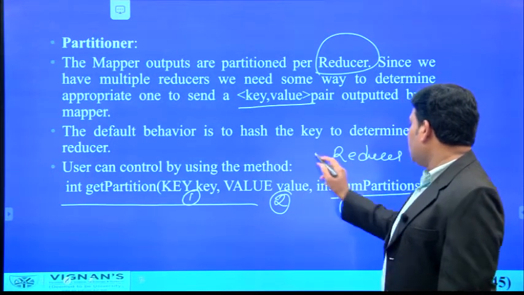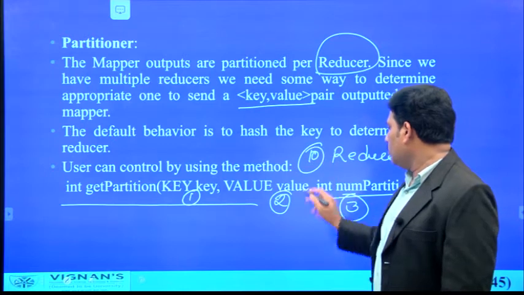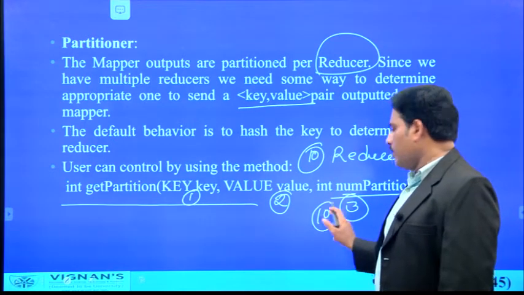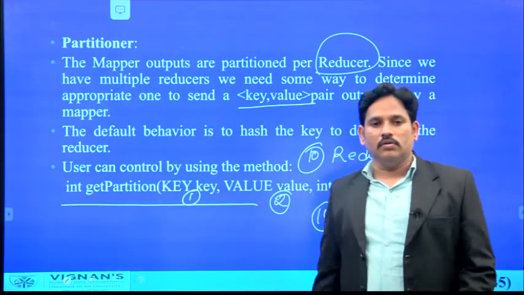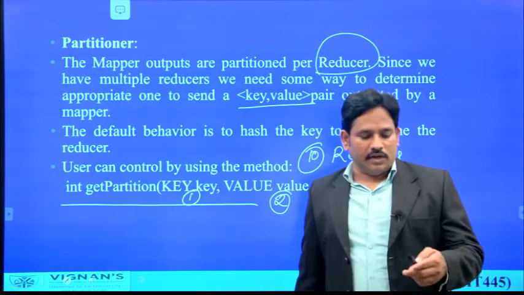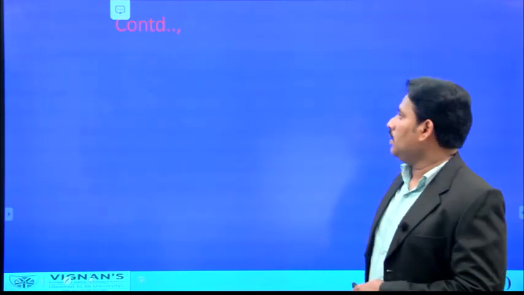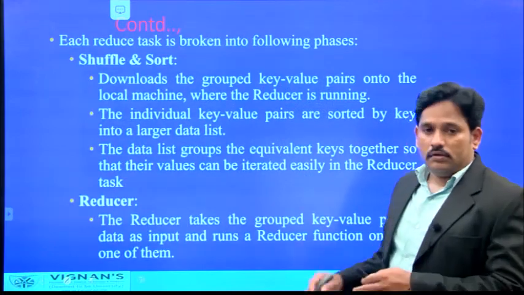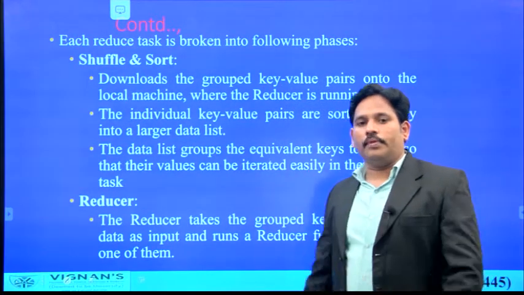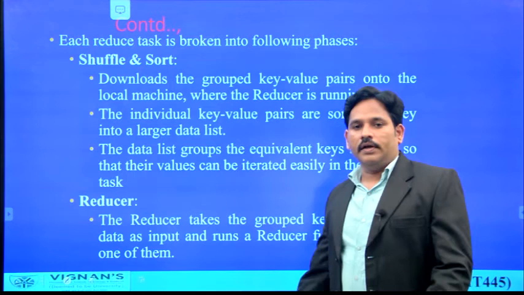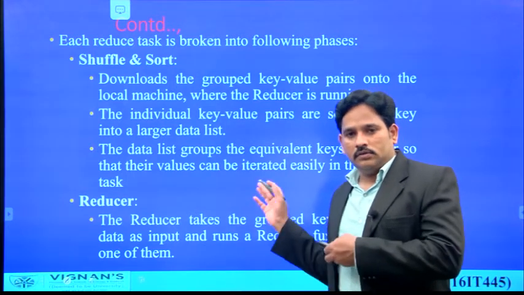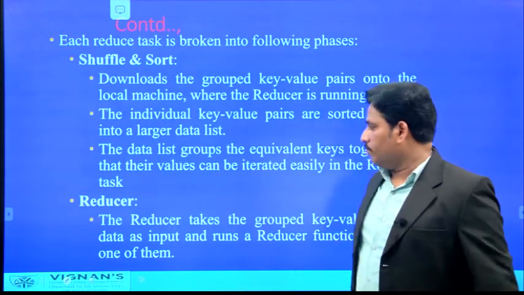If you are having 10 reducers in the reducer module, it will generate 10 partitions, and the 10 partitions will have unique data values. And here we completed 4 operations: record reader, mapper, combiner, and partitioner.